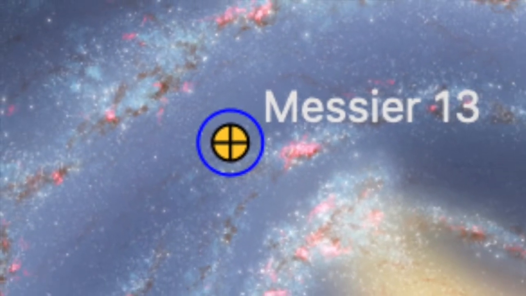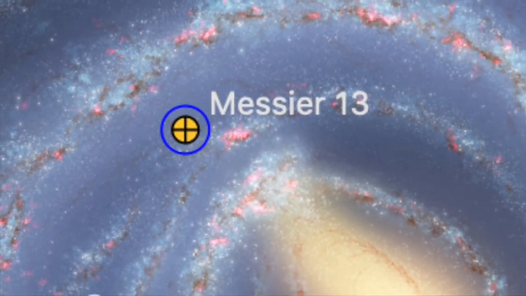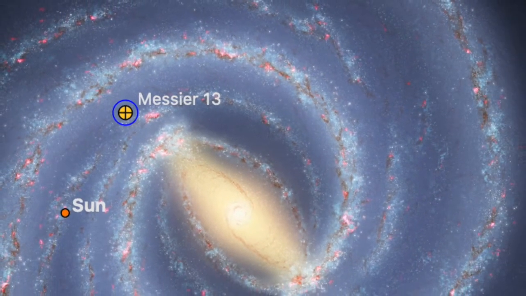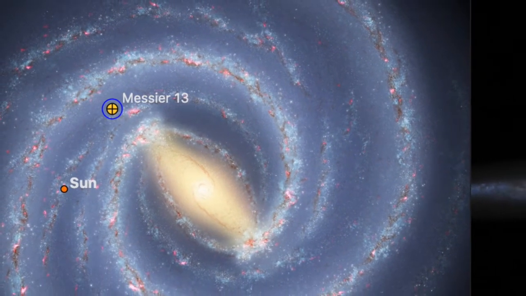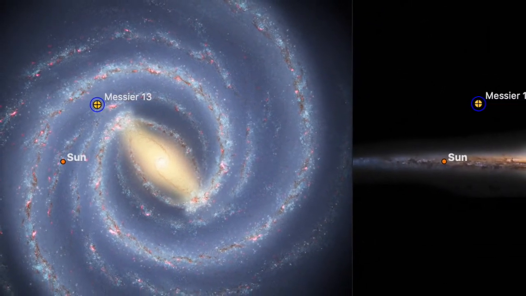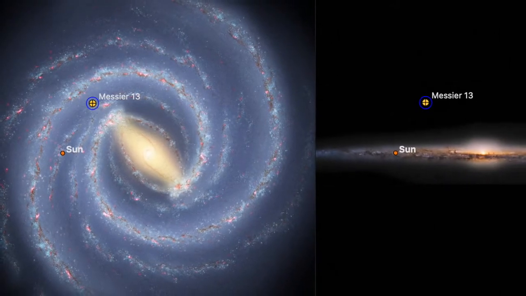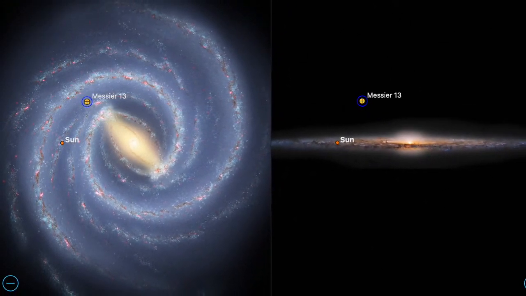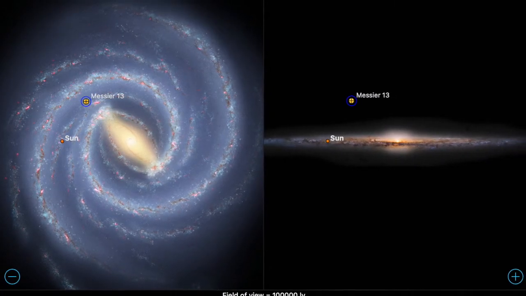M13 is nearly 45 light years in diameter and approximately 25,000 light years away. Unlike open clusters, globular clusters are found within the halo of the Milky Way. That's above and below the disk of our galaxy.